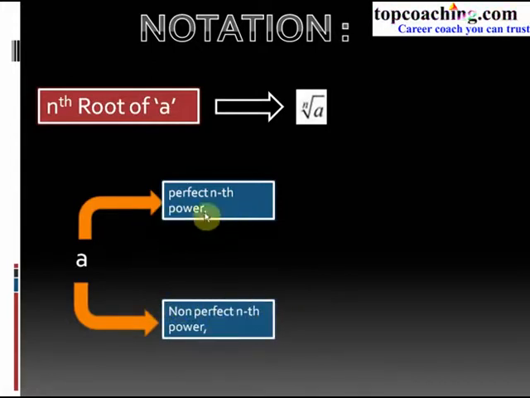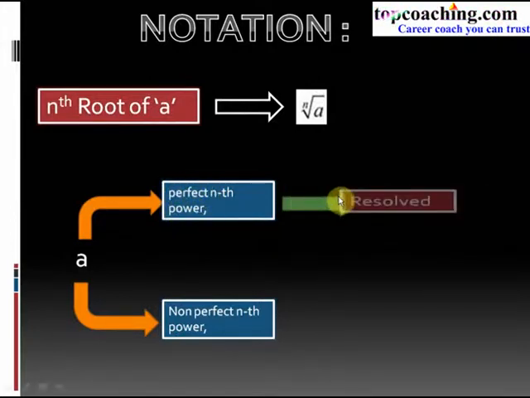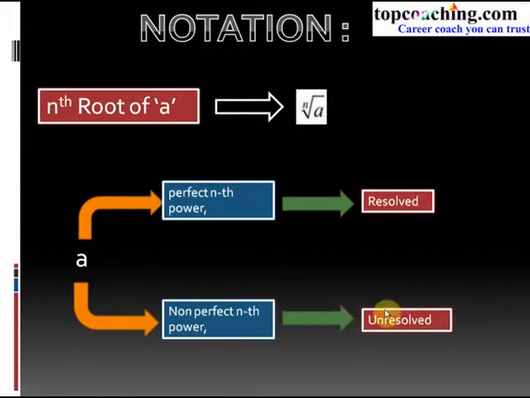When a is a perfect nth power, when we express a in terms of its prime factors, the index of these prime factors is a multiple of n. Then the nth root of a is fully resolved, and we get a rational number as the nth root of a. But when a is a non-perfect nth power, then this is not resolved.